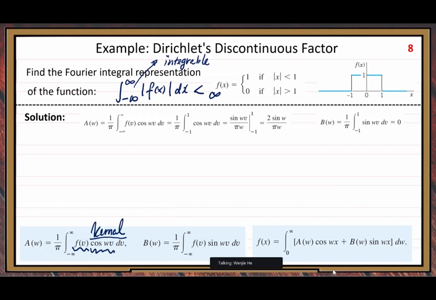Then the B sine part is gone. So in this final representation, the sine function part is gone, and we only have the cosine part. So we get this new representation: this f function can be represented in this new integral form.